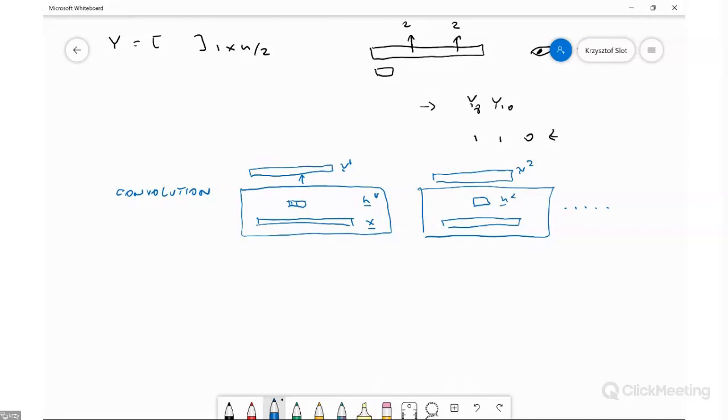So what I can do is I can use many different filters, and each filter will be trying to detect a different property of this input data. And each of these filters, H1, H2, and so forth, I will be trying to learn. What should be their values to get the best classification results?